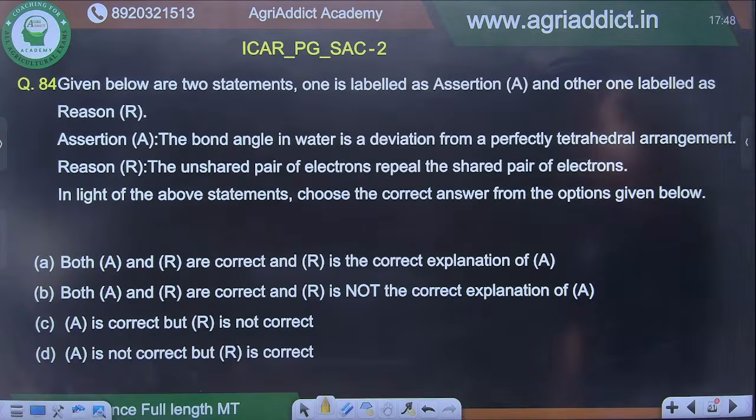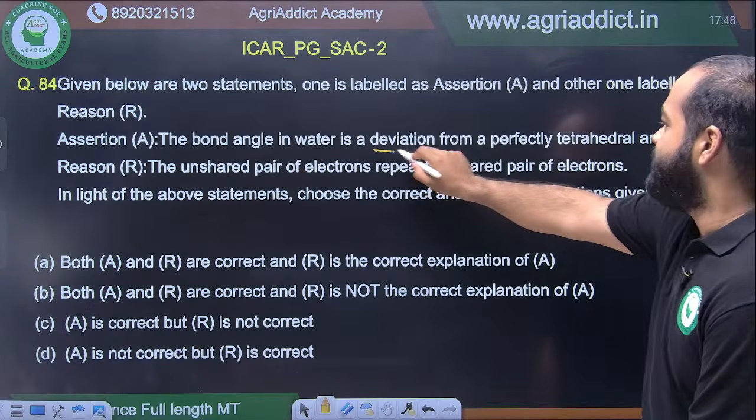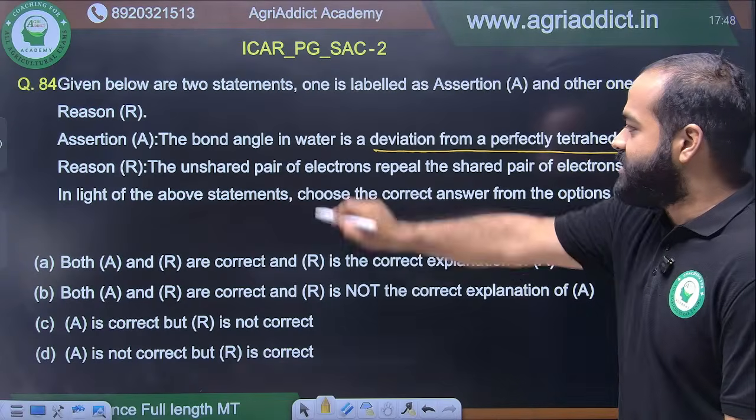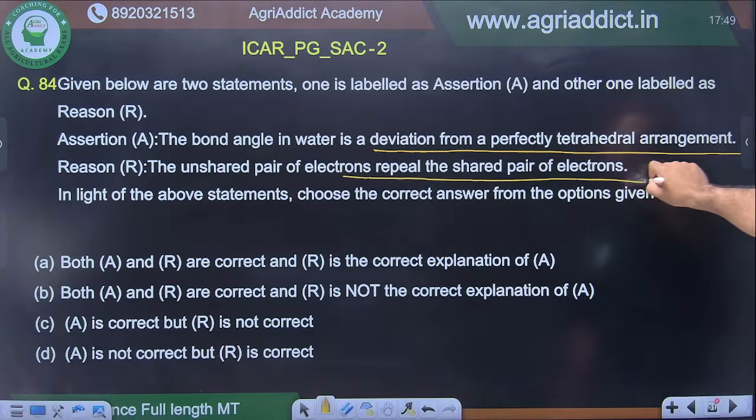The bond angle in water is a deviation from a perfectly tetrahedral arrangement. The unshared pair of electrons repel the shared pair of electrons. What would be the answer?